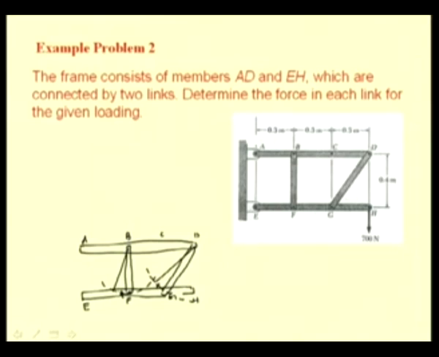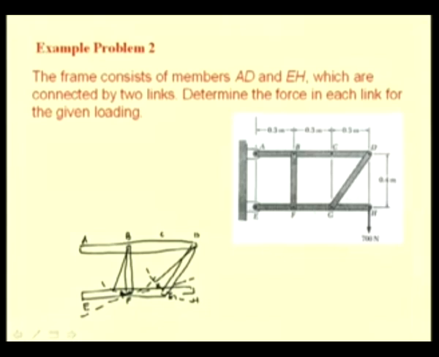We see that it is possible to find, and the new position of this member could be something like this, the position of this EFGH. So, we see that once this frame has been removed from the support, it is possible to collapse this frame if we apply some forces. So, this frame is not a rigid frame and we cannot consider the free body diagram of the complete frame.